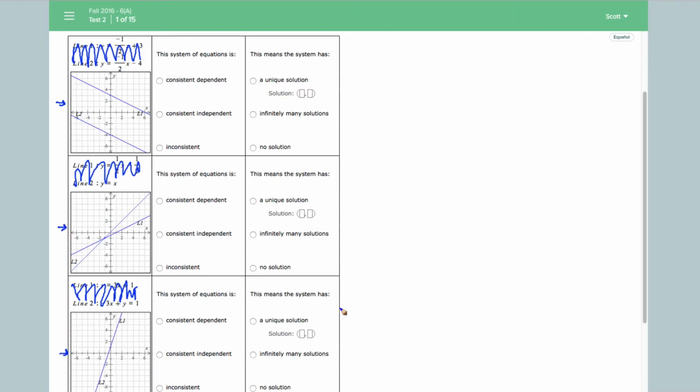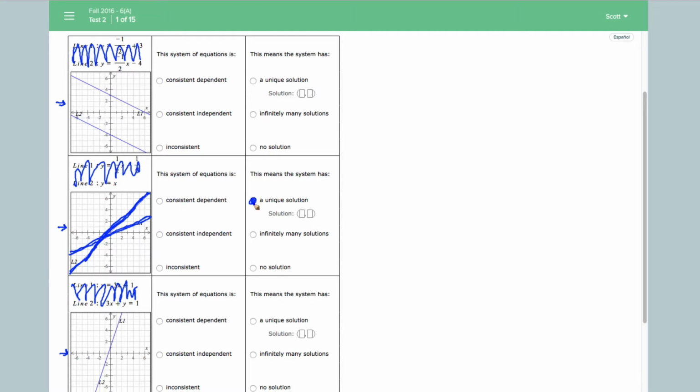Okay, so here's our graphs. When two lines, let's go with this one, when two lines are intersecting, like this, then we see that there is a point where they have a common answer, one answer.